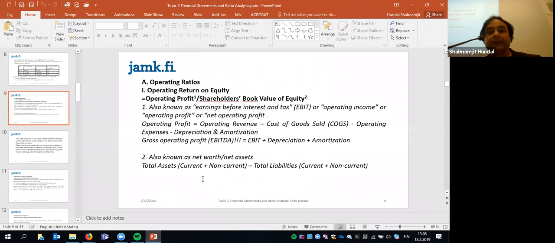Otherwise, this is equal to total assets minus total liabilities. Total assets, both current and non-current assets, minus total liabilities, which means current plus non-current liabilities, so everything together. Every living company should have positive shareholders' equity, because if it is negative, it means liabilities are more than assets, then the company has no right to exist.